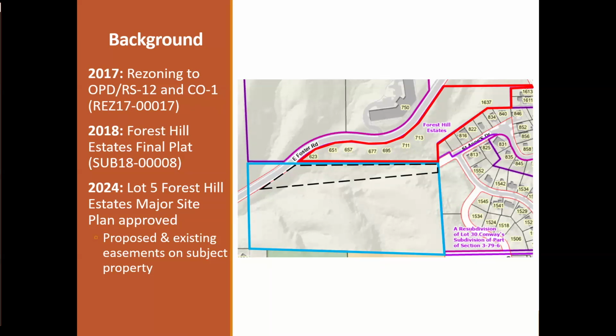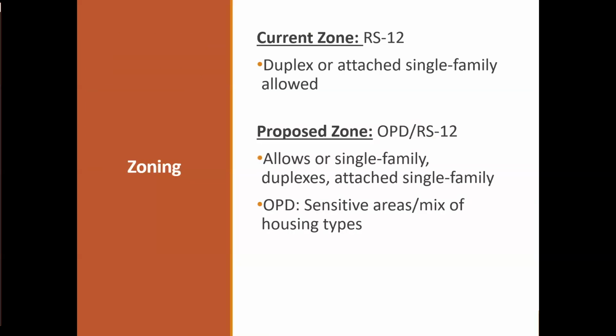There are also sensitive features found on the subject property. Therefore, the subject property will not provide any additional development potential to Lot 5 Forest Hill Estates. In terms of zoning, like I said, the subject property is RS12, and this zone allows flexibility to household types and non-residential uses. The RS12 zone also allows development at a higher density compared to other single-family zones.